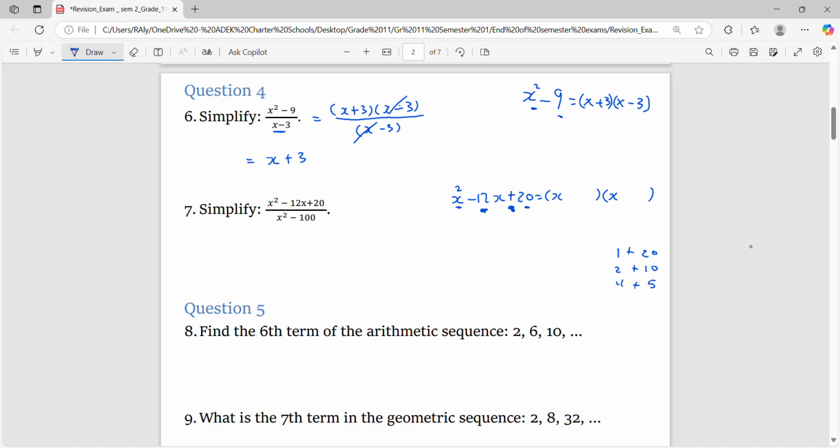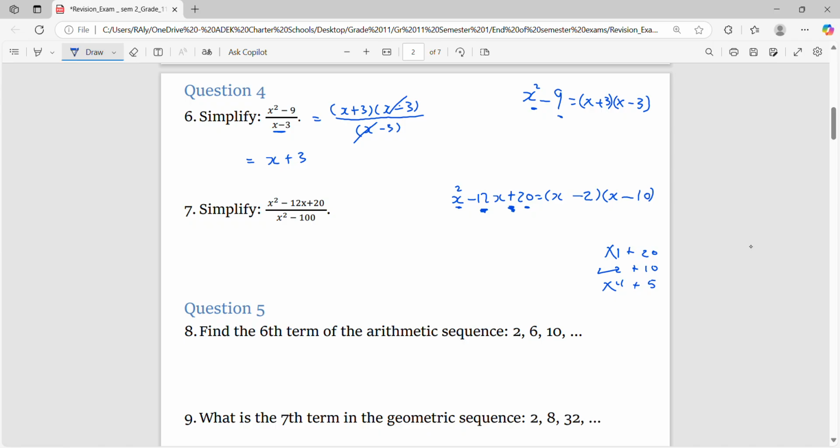Does 1 plus 20 give me 12? No. 4 plus 5? No. 2 plus 10? Yes, it is. So you can write 2 and 10, but what are the signs of each bracket? I want minus 12, so it means minus 2 and minus 10.